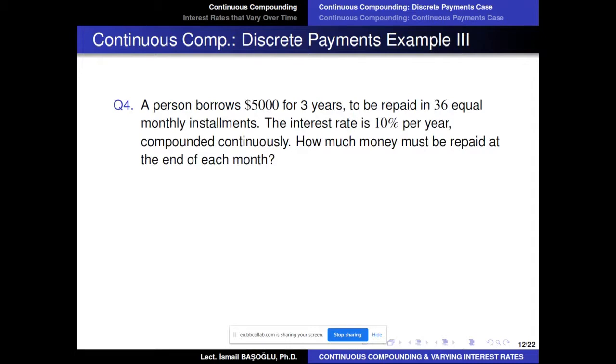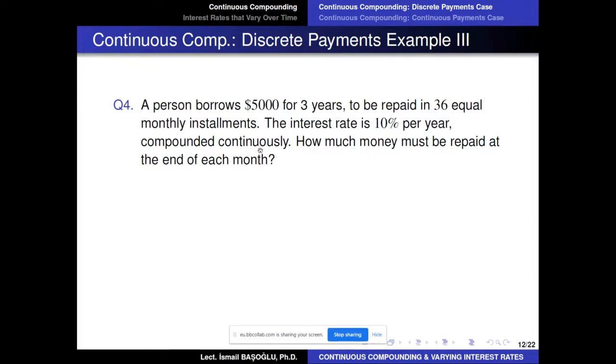A person borrows $5,000 for 3 years to be repaid in 36 equal monthly installments. The interest rate is 10% per year compounded continuously. Again, in this question, we are given the nominal interest rate because it says per year, and because the compounding occurs in a different period than a year, in fact continuously, we understand that we can use this as the nominal interest rate per year, r.